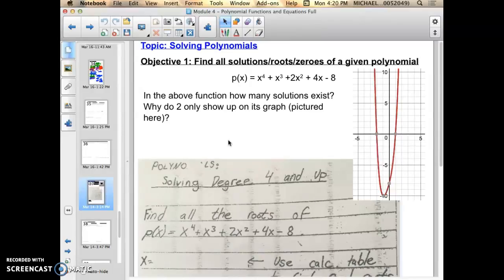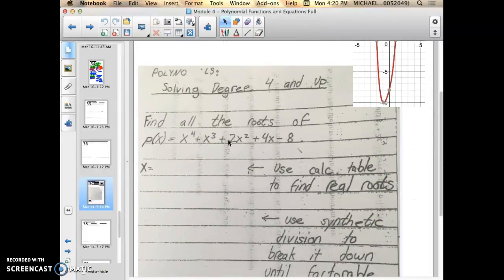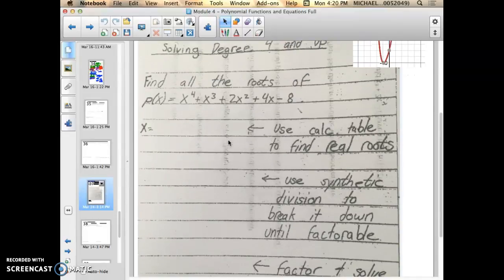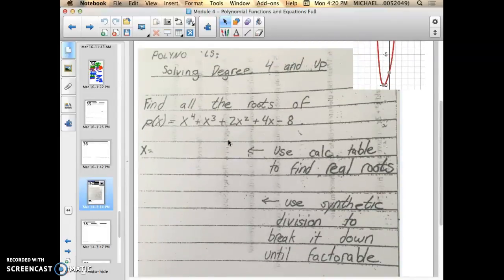And so in order to find all of them, these are the steps that I'm going to take, and I've listed this out for you to utilize as well. And so the first step, it says right here, in this example, find all the roots of p of x equals x to the fourth plus x cubed plus 2x squared plus 4x minus 8.